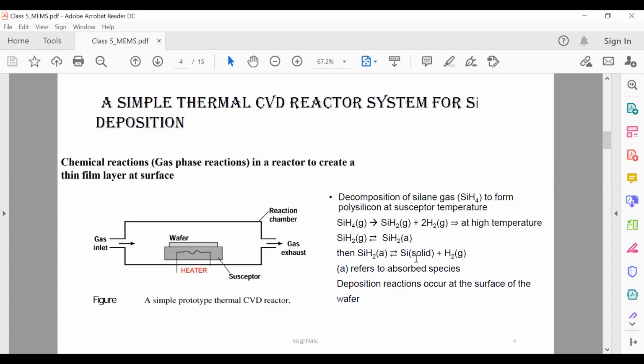So solid material will be formed. After absorption, the solid material comes out and is deposited onto this wafer. So silicon will be deposited on this wafer. Now, the deposition reaction occurs at the surface of the wafer. Clear?